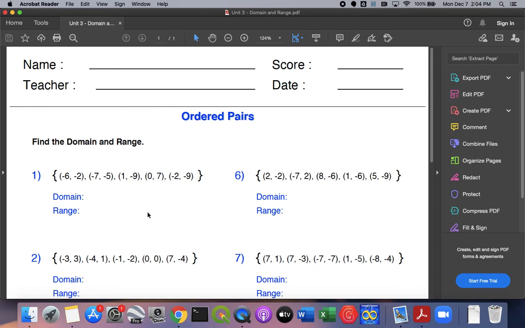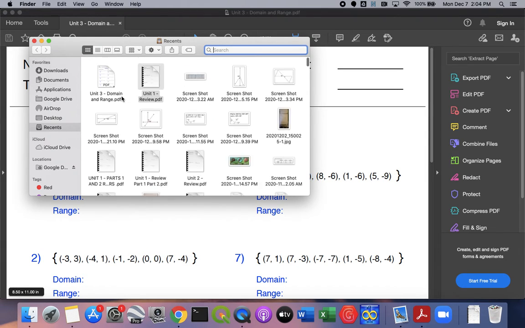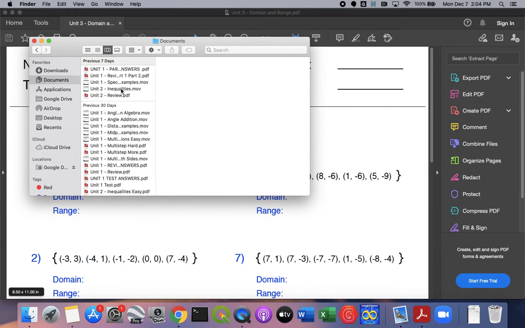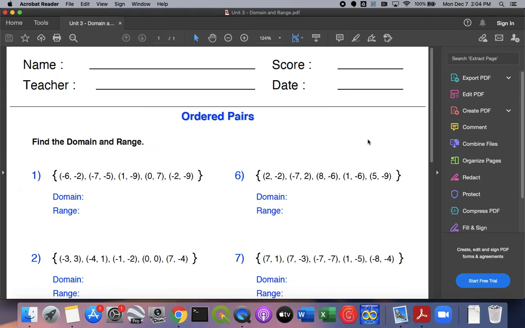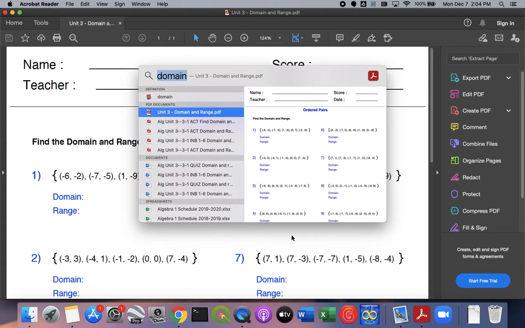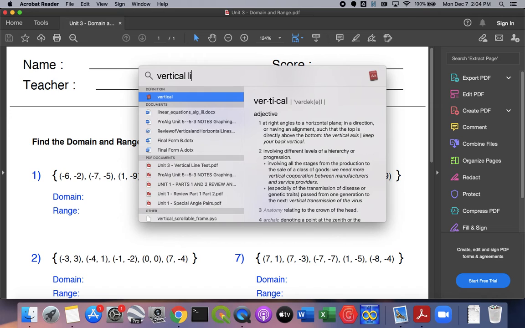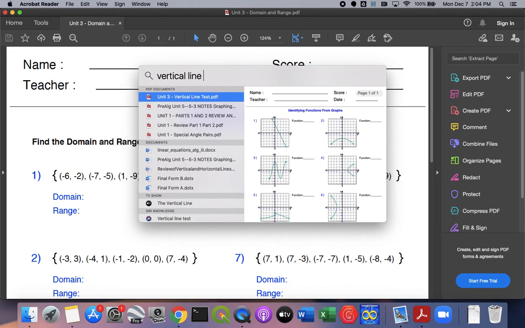So let's go back for a minute to the documents. And let's take a look at the vertical line test. Here we go.